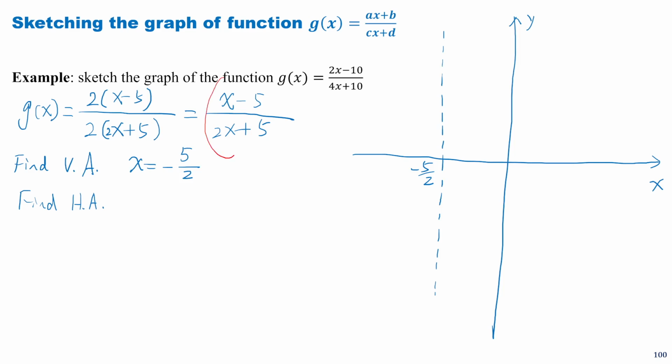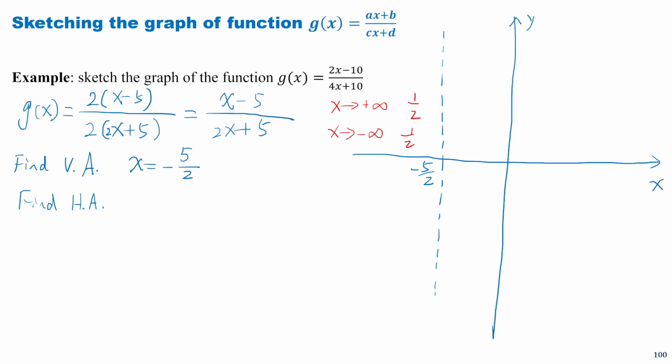Let's only consider this ratio, the ratio between x over 2x. When x approaches positive infinity it is just 1 over 2, right? And again, when x approaches negative infinity, it will also be 1 over 2. Because negative 5 and plus 5 can be ignored compared to x approaching either positive or negative infinity, right?